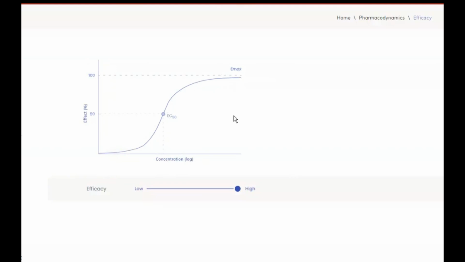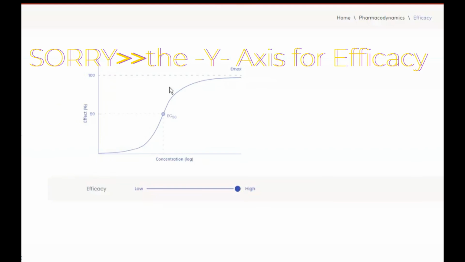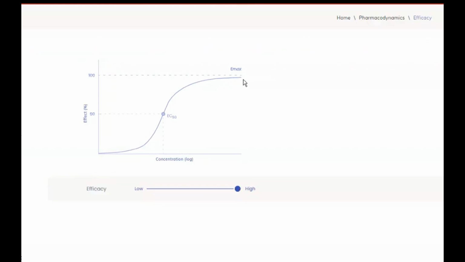So as we can see in this curve, if we want to look for the efficacy, we have to look at the final or ultimate value of the effect. We can see a gradual increase in the response of the drug effect as we increase the dose or the concentration, until it reaches maximum level, where all the receptors that are bound to the drug are expected to be saturated.